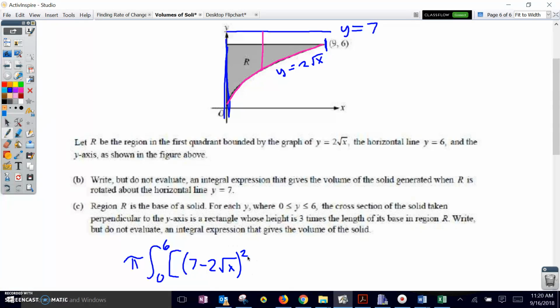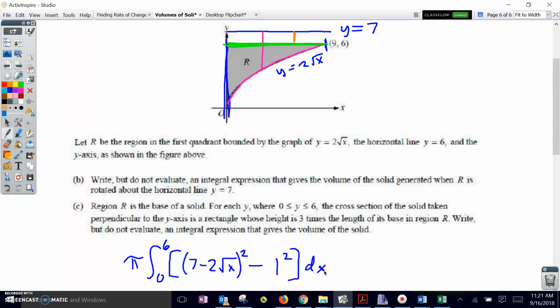That's our outer radius squared. And then we need our inner radius, and that's going to be the distance between the two horizontal lines, which is just 1. And there's our answer for part B.